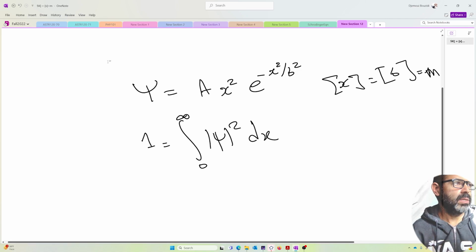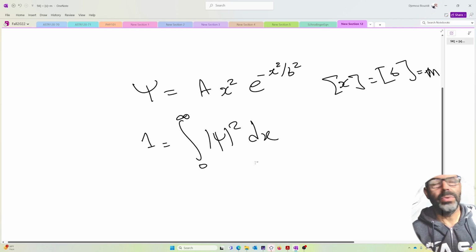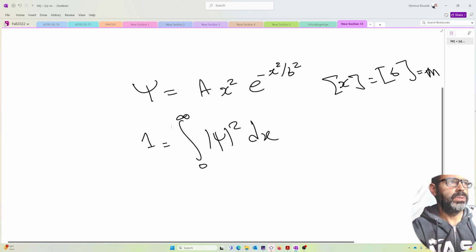So obviously psi squared here had better have the units of 1 over meter to cancel this meter, because there is a dx that has a meter. So A has to have the proper units because it's a square root, the square root of A times a meter squared.